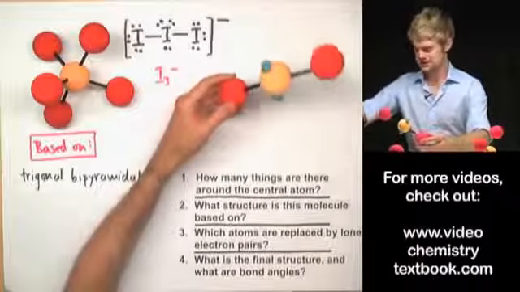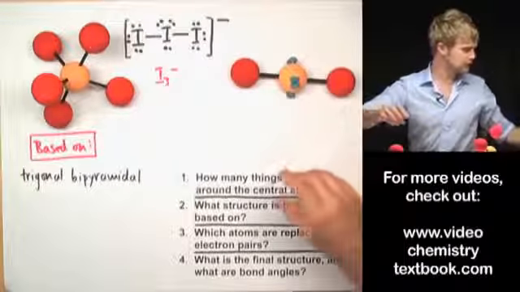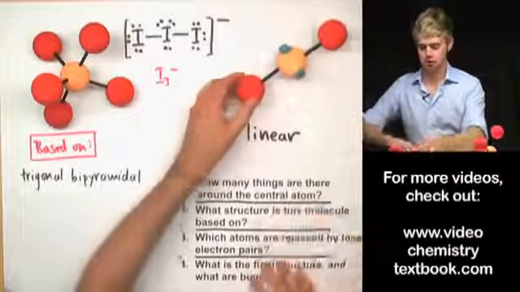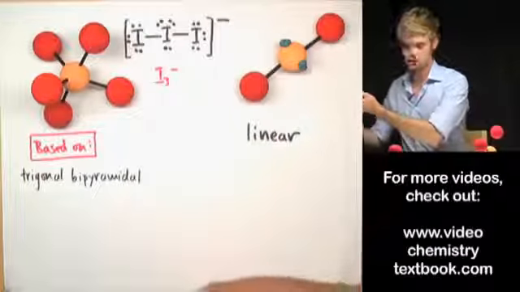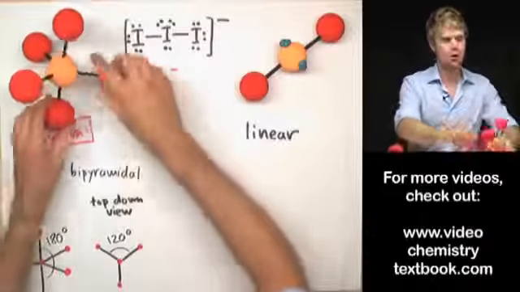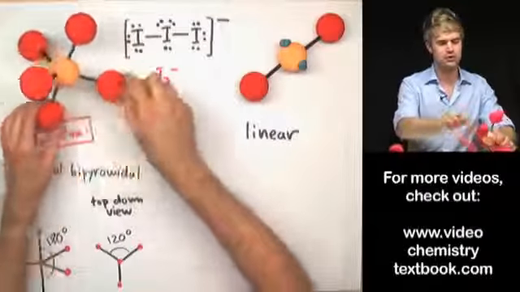So this leaves us with a linear structure where the 3 atoms are all just in a row. And the way this relates to what we saw before is normally we have a 180 degree angle between these 2 bonds.